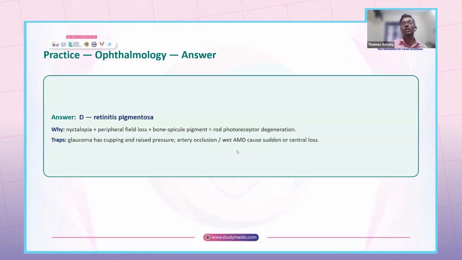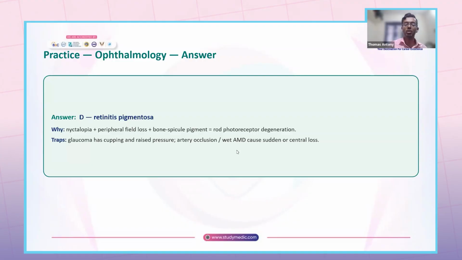In early changes in retinitis pigmentosa, the symptom will be loss of night vision, so in dim light vision will be affected. Then scotomas along the peripheral field, that is what we call tunnel vision. And fundoscopy classically shows the bone spicule pigment.